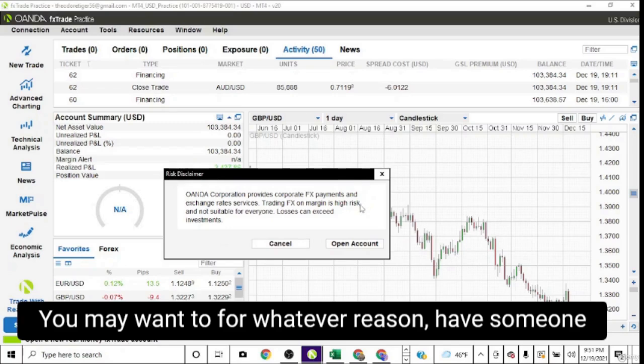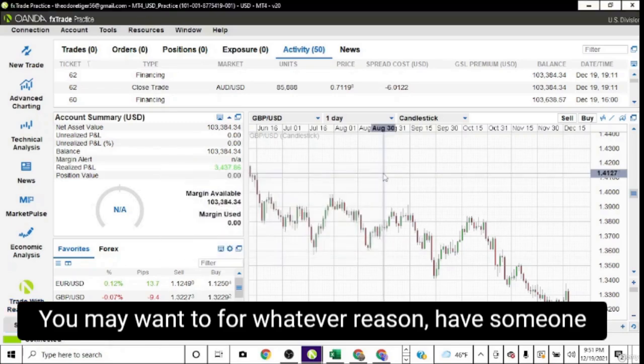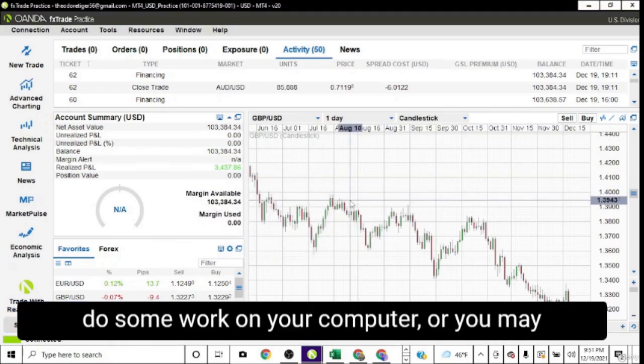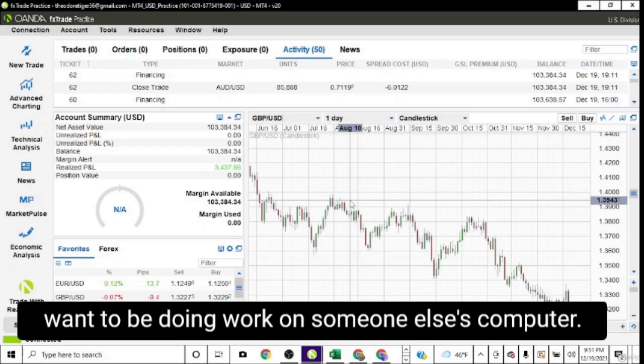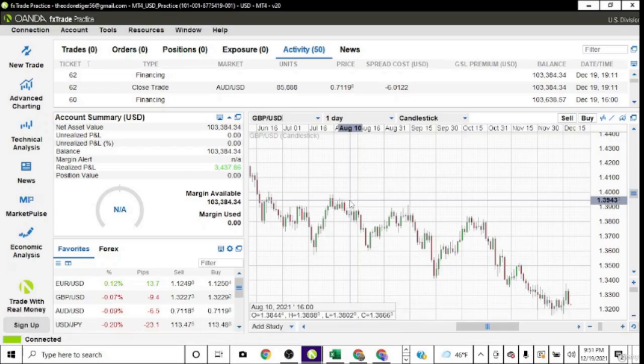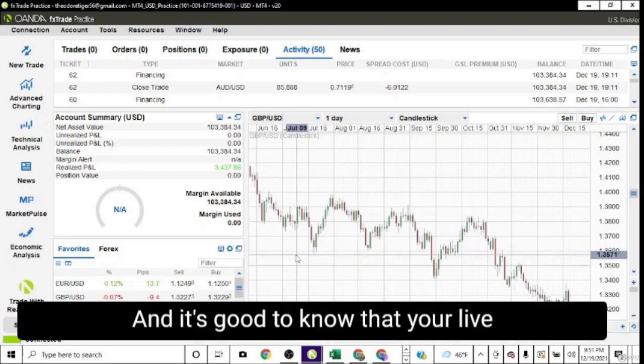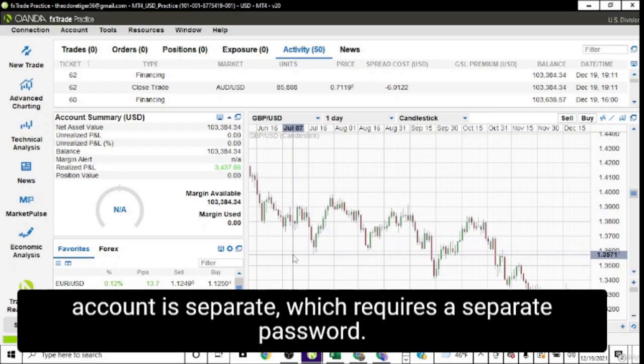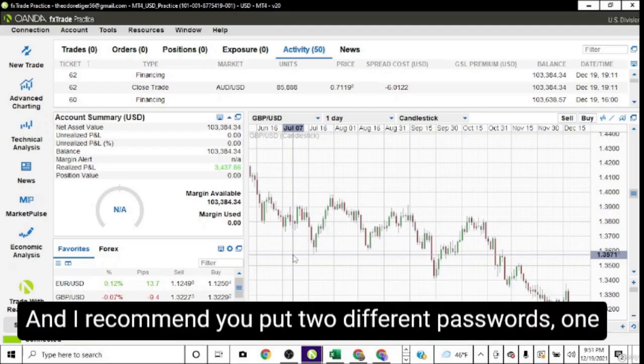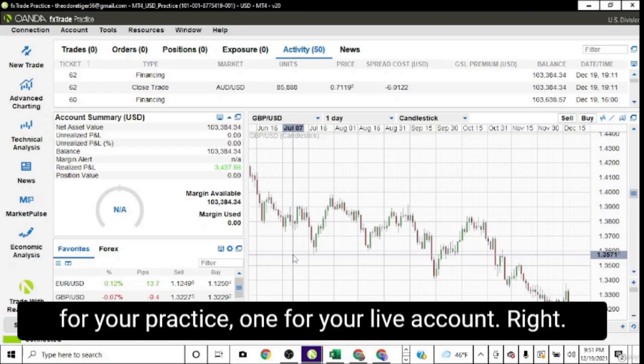You may want to, for whatever reason, have someone do some work on your computer, or you may want to be doing work on someone else's computer, and it's good to know that your live account is separate, which requires a separate password. And I recommend you put two different passwords, one for your practice, one for your live account, right?